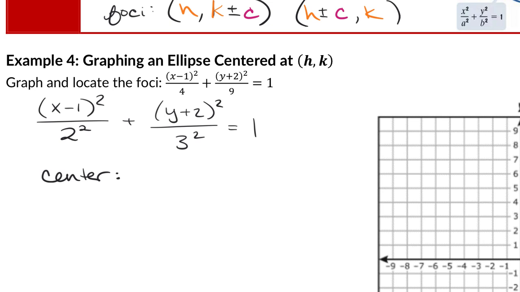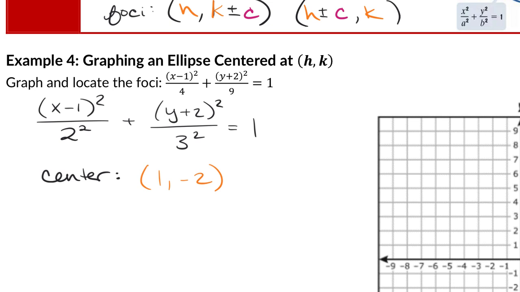It has to do with the numbers in the parentheses next to x and y. Kind of like in point slope form. It's like if you see a negative, it's positive. If you see a positive, it's a negative. The center of this ellipse is at 1 comma negative 2. So the x coordinate is next to the x, and the y coordinate is next to the y.